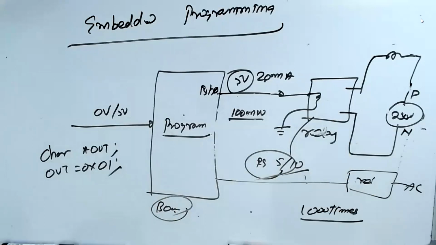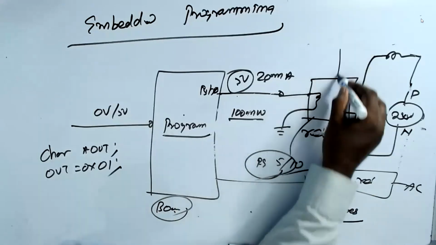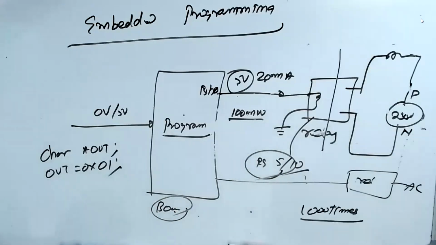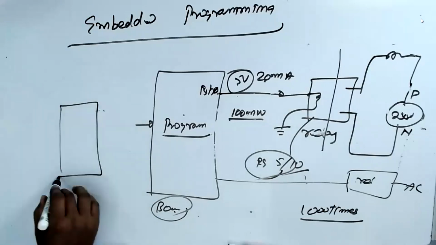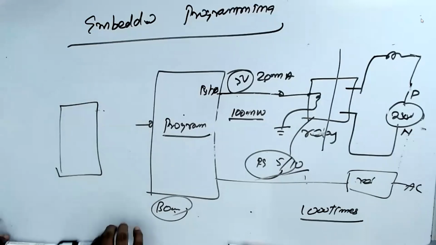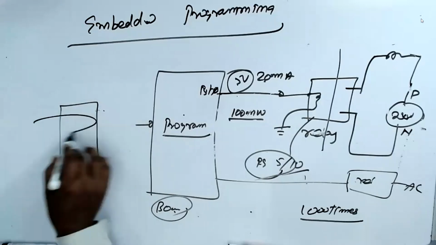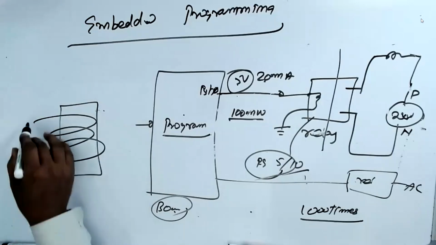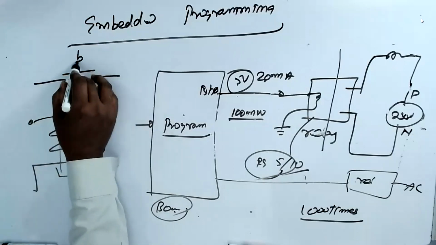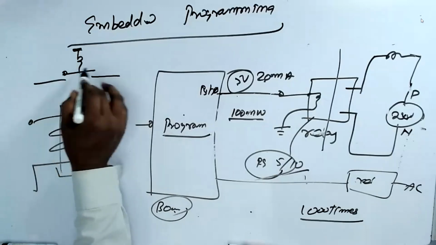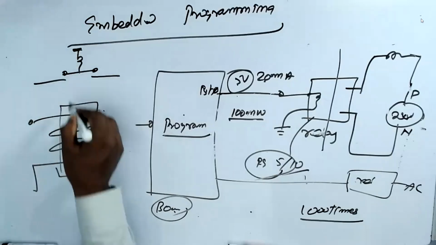And there's one more advantage here. There is isolation. I'll draw a relay here. If you take a relay, I have a coil, and I have a connection here separately. There is no connection between these two.